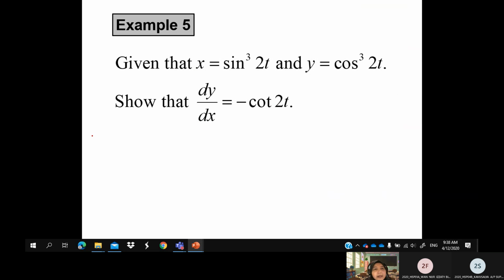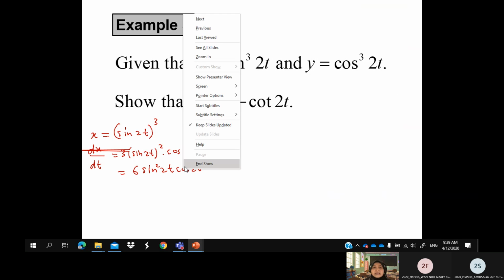Rewrite x equals (sin 2t) cubed. Then dx/dt: apply the power rule to sin 2t, then differentiate sin to get cos 2t, copy the angle, and differentiate the angle to get 2. Then we get 6 sin squared 2t cos 2t. Settled.